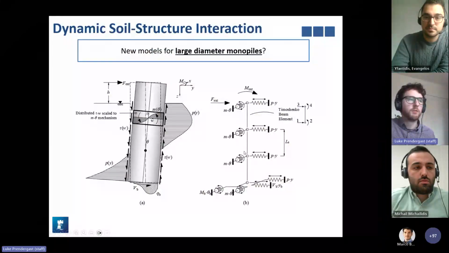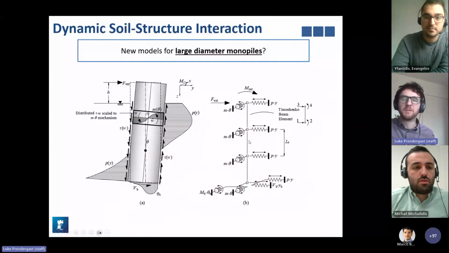Another question is addressed to Luke. It says, hi Luke, beam spring moment model, what is the angle between the moment spring and the horizontal spring? Why is that? I suspect, I'm going to share the screen, I suspect you're referring to this image here on the right. If you are, it's a three-dimensional representation of a 2D problem. So there is no actual angle between them.